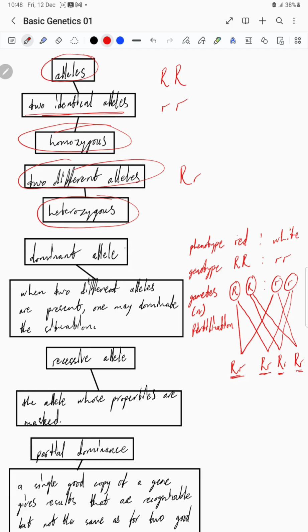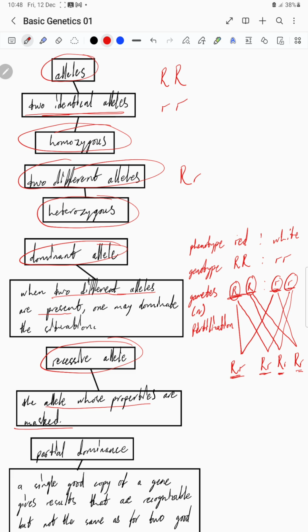So a dominant allele, what we are now going to talk about, is when two different alleles are present, one may dominate the situation. For example, in this situation, the capital letter R is representing a dominant allele and the small letter r is representing a recessive allele. A recessive allele is the allele whose properties are masked.